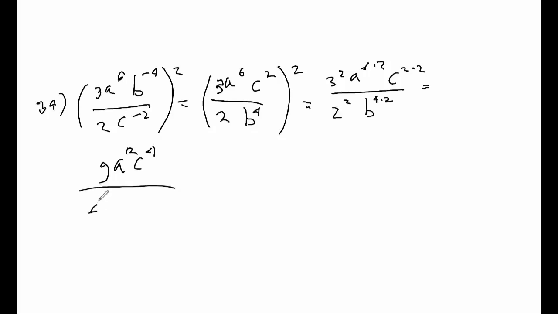Well, that'll give me 4. And then b is the 4 times 2, and that'll give me b to the 8th. And since all these bases are different, and there's nothing I can simplify this with, so then I am done, and this is as simplified as I could make this particular expression.